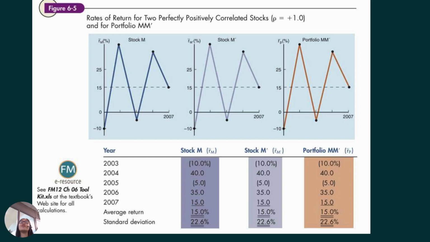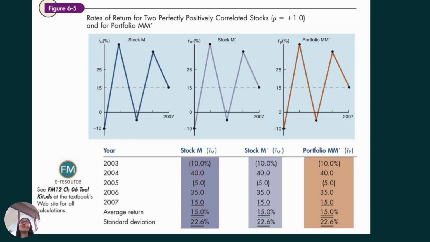Thus, diversification does nothing to reduce risk if the portfolio consists of perfectly positively correlated stocks. Figures 6-4 and 6-5 demonstrate that when stocks are perfectly negatively correlated, all risk can be diversified away. But when stocks are perfectly positively correlated, diversification does no good whatsoever.